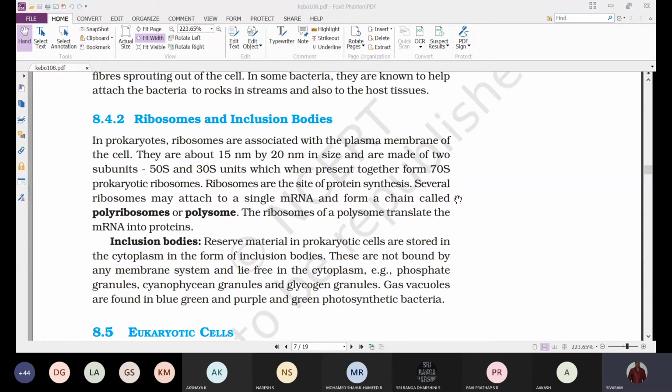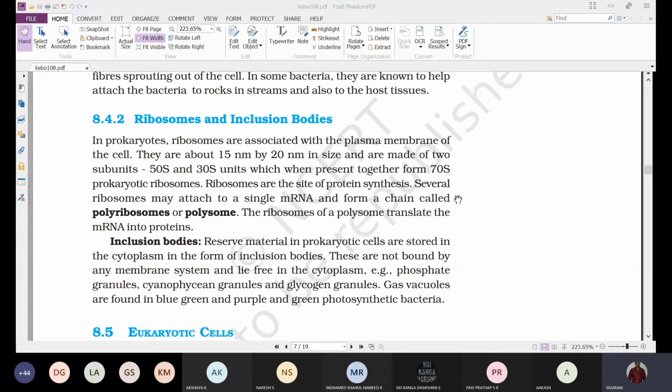When the subunits are present separately, they sediment in a certain period of time: 50S molecules are separated, 30S molecules are separated. That's why we call them 50S and 30S. But when these two are combined, it comes to 70S instead of 80S.